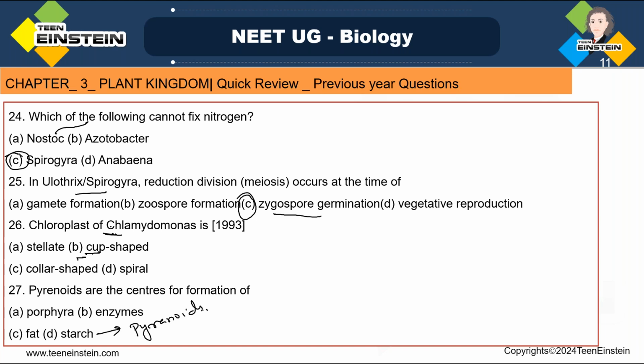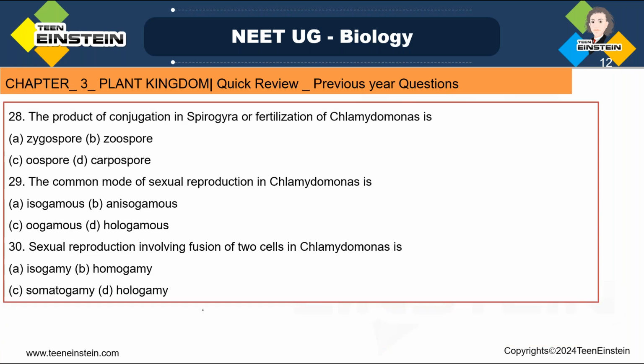Next, question number 28. The product of conjugation in Spirogyra or fertilization of Chlamydomonas is a zygospore, zoospore, oospore, or carpospore? The answer is zygospore.